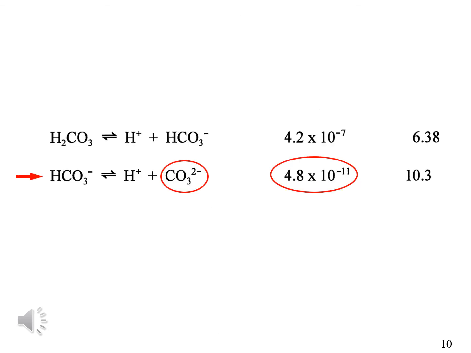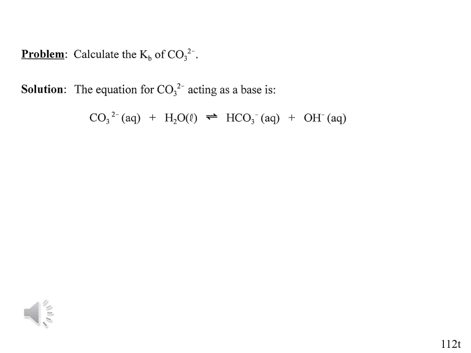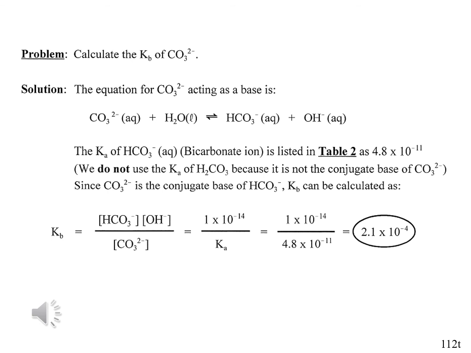Since carbonate is in the second equation, the 4.8 times 10 to the minus 11 is the Ka for bicarbonate that we're going to use to get the Kb for carbonate. This is the equation for carbonate pulling off 1 H from water and becoming bicarbonate. This is what we want the Kb for.